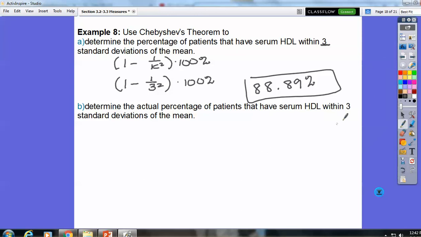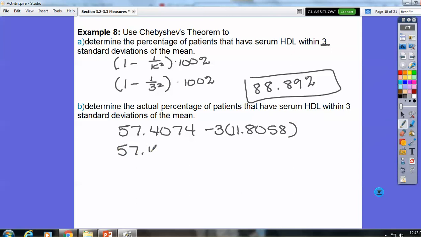Determine the actual percent that had an HDL within 3 standard deviations of the mean. We need to find out what 3 standard deviations of our mean is in this problem, don't we? What was our mean? What'd you guys tell me? So to get 3 standard deviations of the mean, you have to do that minus 3 times your standard deviation, and that plus 3 standard deviations.